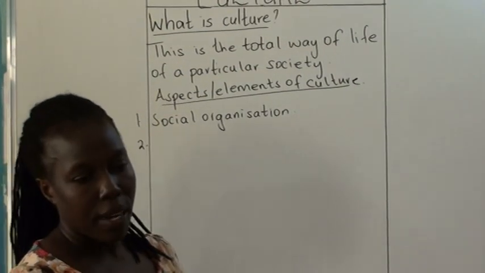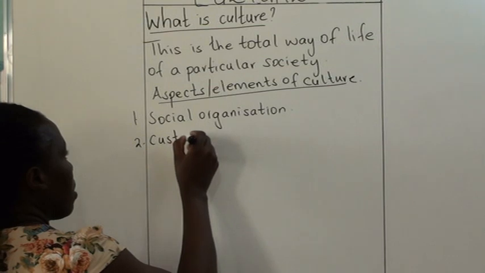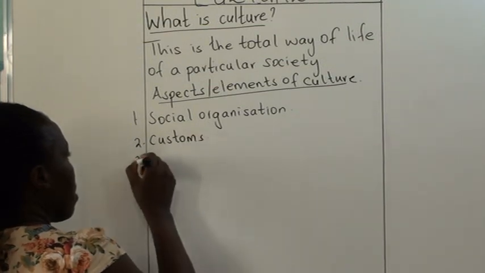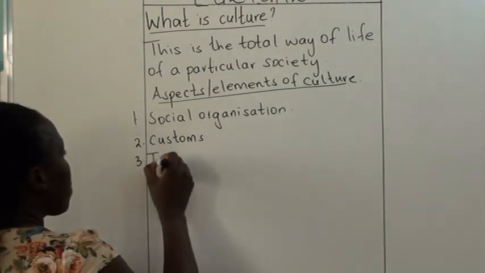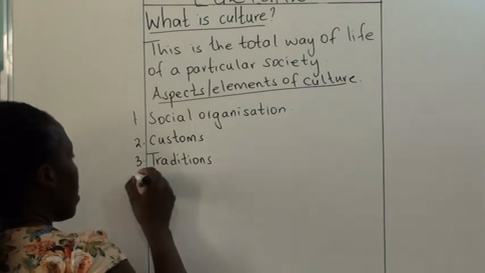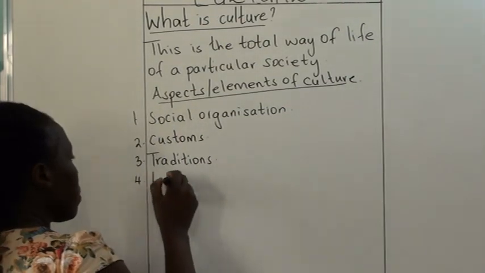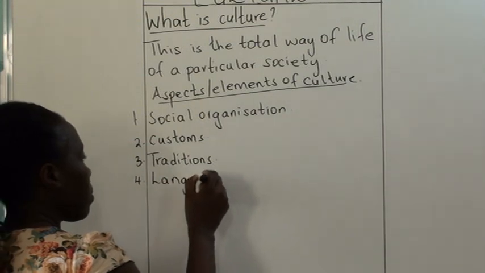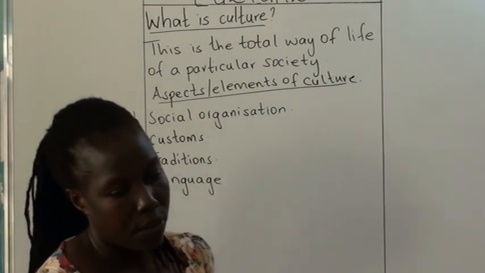Number two, we have customs. Number three, we have traditions. Number four, we have language. Number five, we have religion.